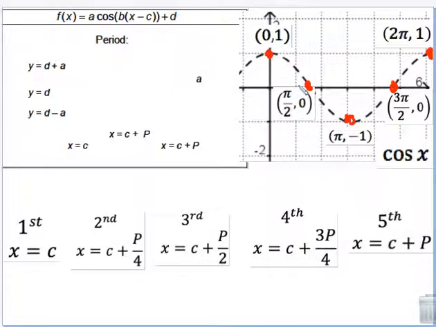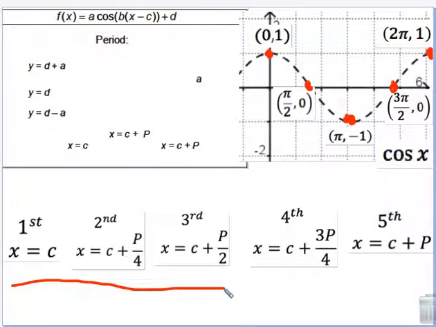So you're going to have these 5 coordinate points, where you're starting at 0, 1, you hit the sinusoidal line at pi over 2, you get to the minimum at pi, back to the sinusoidal line at 3 pi over 2, and then back up to the maximum point at 2 pi. So that's one complete cycle of the cosine graph.